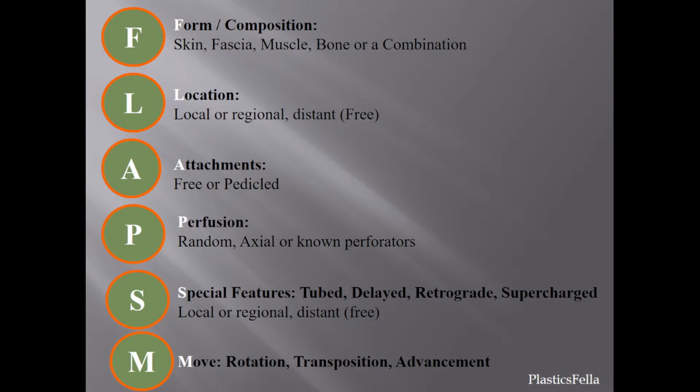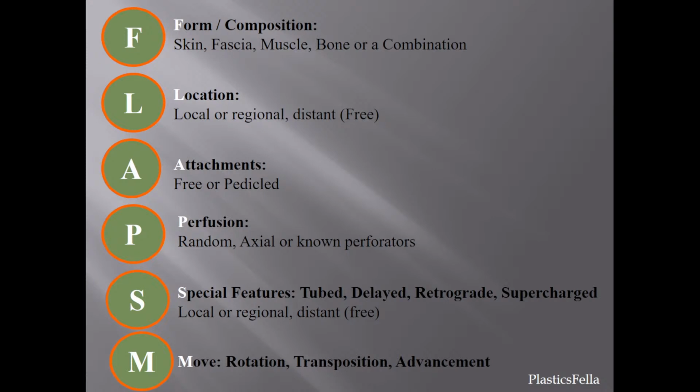Because of their limited blood supply, there was a belief that random flaps had to be restricted to a certain length to width ratio to ensure viability. Still, some flaps lived and others may die.